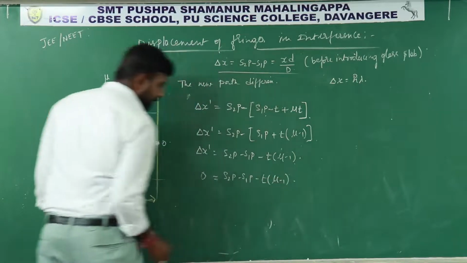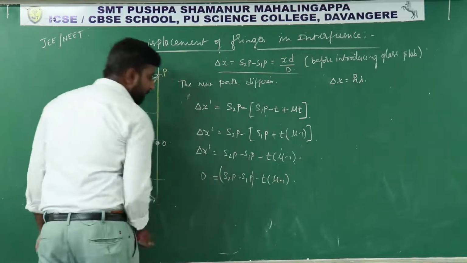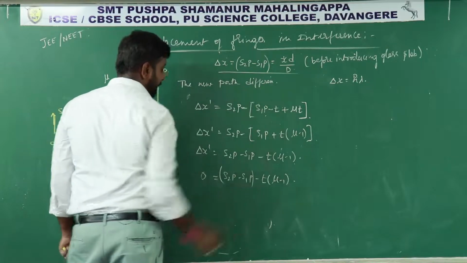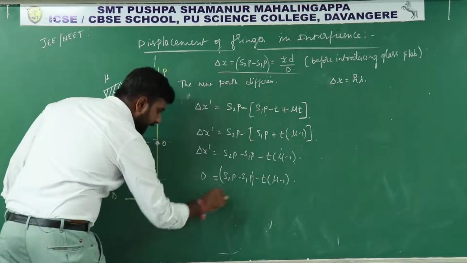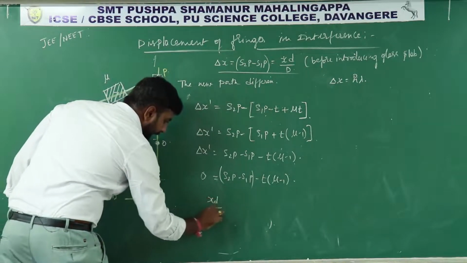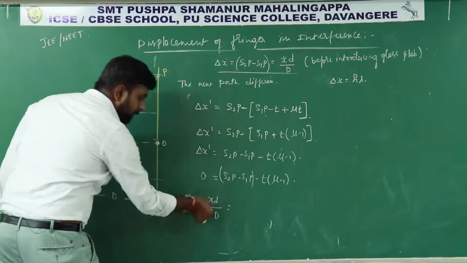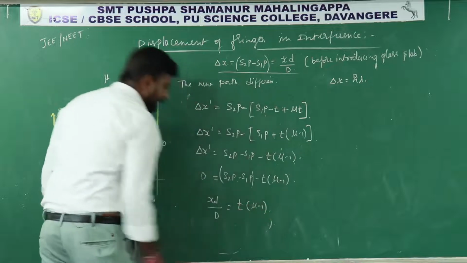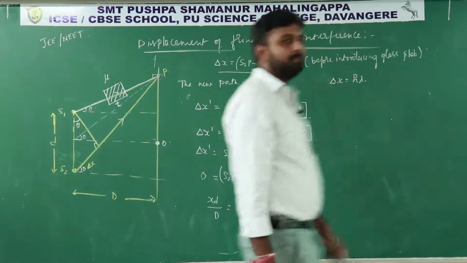Then what is S2P minus S1P? The S2P minus S1P value is xd by D, so I can write here xd divided by capital D, equal to t of mu minus 1. The equation becomes like this.